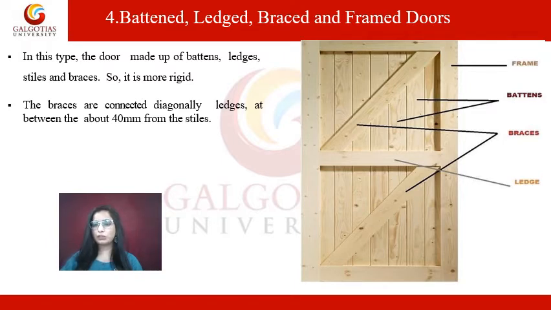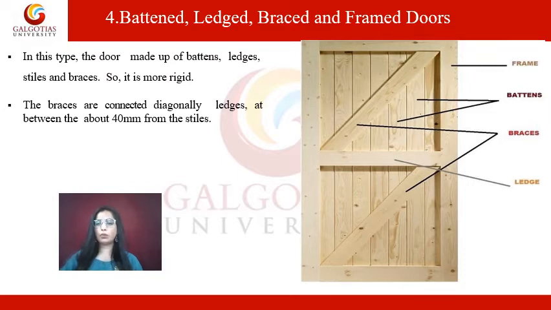For giving it more rigidity, we are providing the diagonal member which is known as the brace, and these are again the vertical members which are known as the battens, and this overall part is known as the frame.